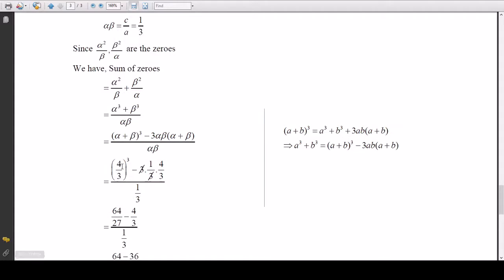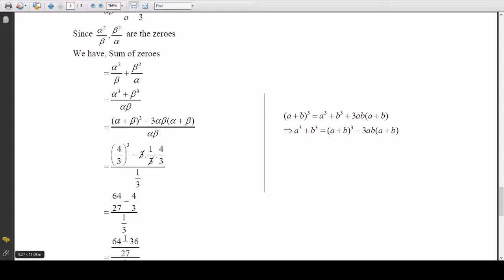Now 4 cubed means 4 multiplied by 4 multiplied by 4. 4 4s are 16, 16 4s are 64. 3 cubed in the same way will be 27, and here 3 and 3 will get cancelled. We'll get only 4 multiplied by 1 is 4, 4 by 3, divided by 1 by 3.